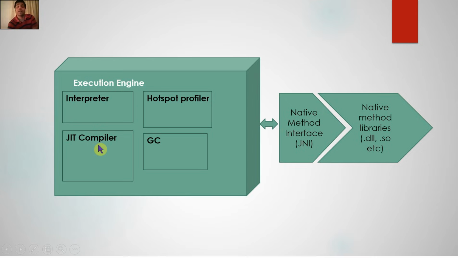There is a lot of optimization in the execution engine. So Java is nowadays very fast, and nobody should be worried about the performance aspect of it. For example, the JIT just-in-time compiler: suppose we have a certain set of instructions that are getting executed repeatedly all the time. Those will not be interpreted again and again.